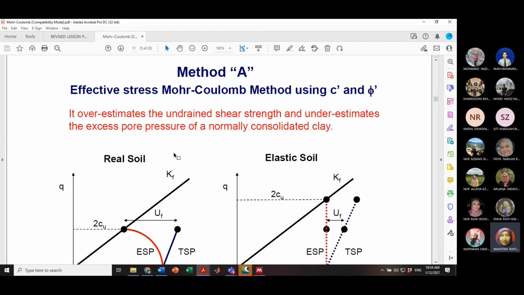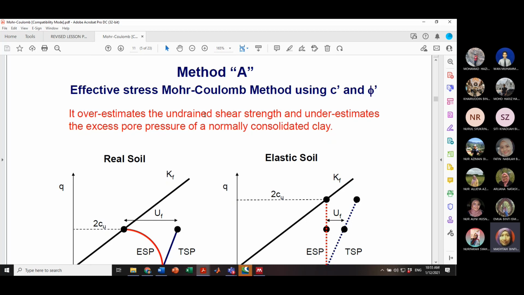Okay, this is method A. As I said, you use effective strength parameters, effective stress Mohr-Coulomb using effective c and effective phi in the undrained condition. So it overestimates the undrained shear strength and underestimates the excess pore pressure of a normally consolidated clay.